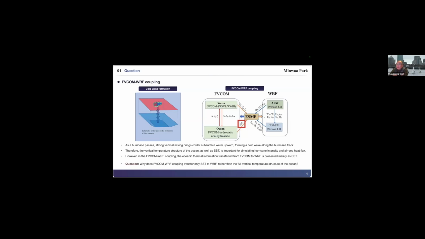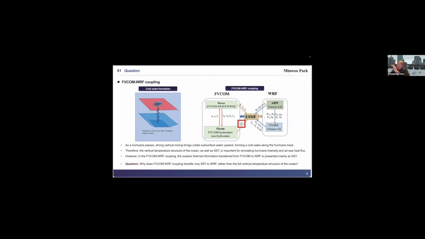The second point is that most LC coupling goes through the LC interface. It's not vertical. Because the vertical temperature structure changes, it affects the surface temperature. After the surface temperature, it goes through the LC interface, then exchanges data with the ocean model.